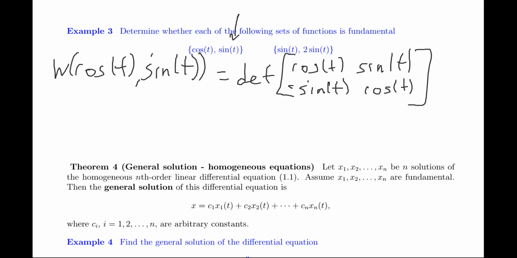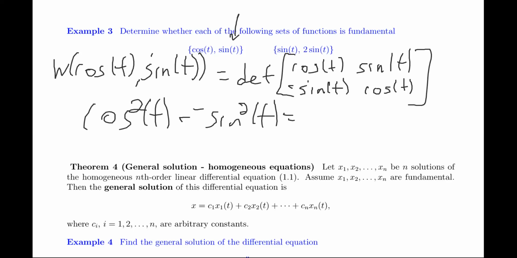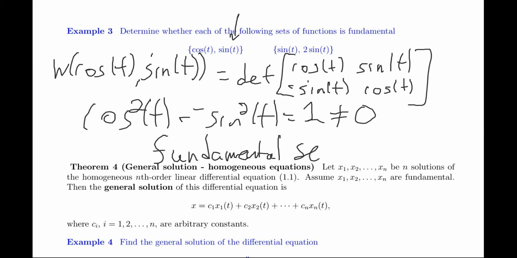We want to find the determinant of this. Well, this is cosine squared minus negative sine squared, which is cosine squared plus sine squared, which is 1, which is not equal to 0. So cosine of t and sine of t do, in fact, form a fundamental set.